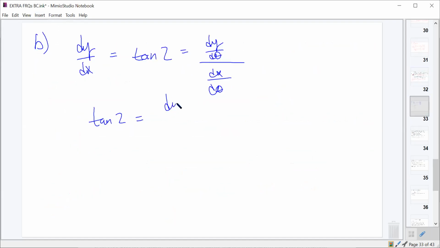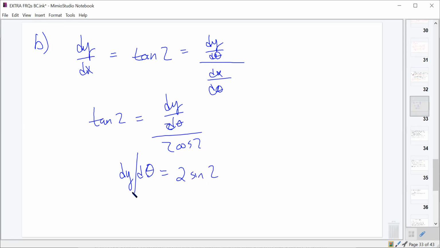So dy/d theta over 2 cosine 2. And so all we have to do then is solve for dy/d theta. It looks like dy/d theta would just need to be 2 sine of 2. That way the 2's cancel, and the sine of 2 over the cosine of 2 gives us tangent of 2.